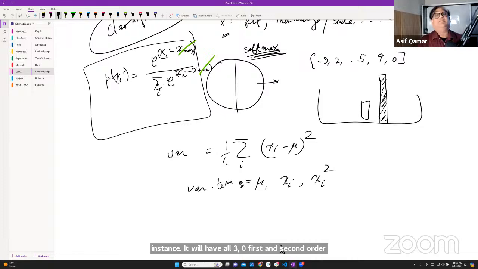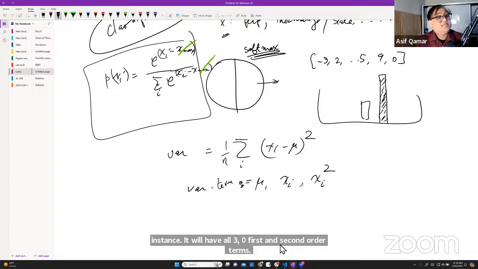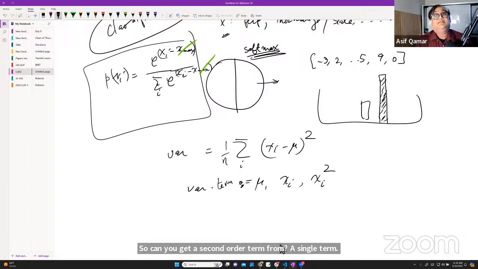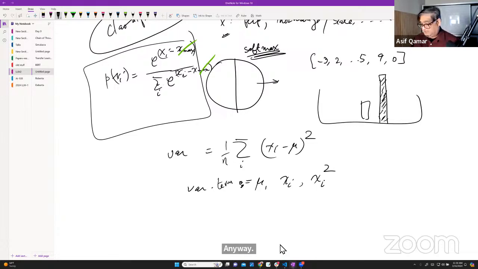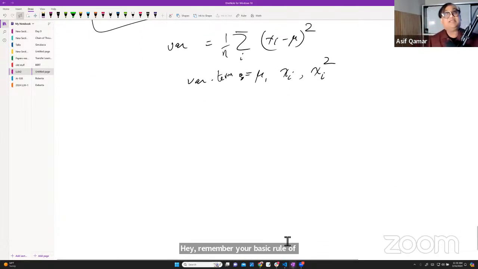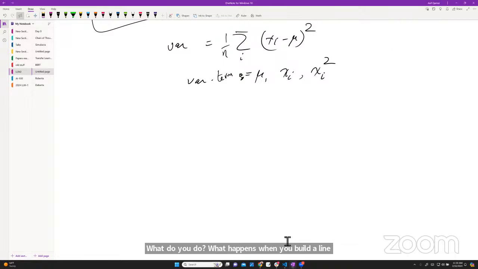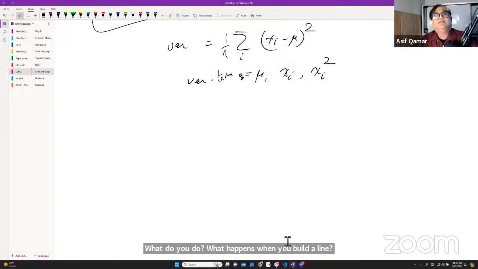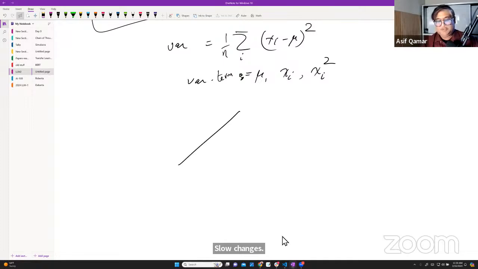So can you get a second order term from a single neuron? How do you get that? Anyone? Remember your basic rule of algebra that I keep quoting: what happens when you bend a line? Slope changes. Specifically, you introduce at least one higher degree polynomial, right? So think of this. This is a straight line.